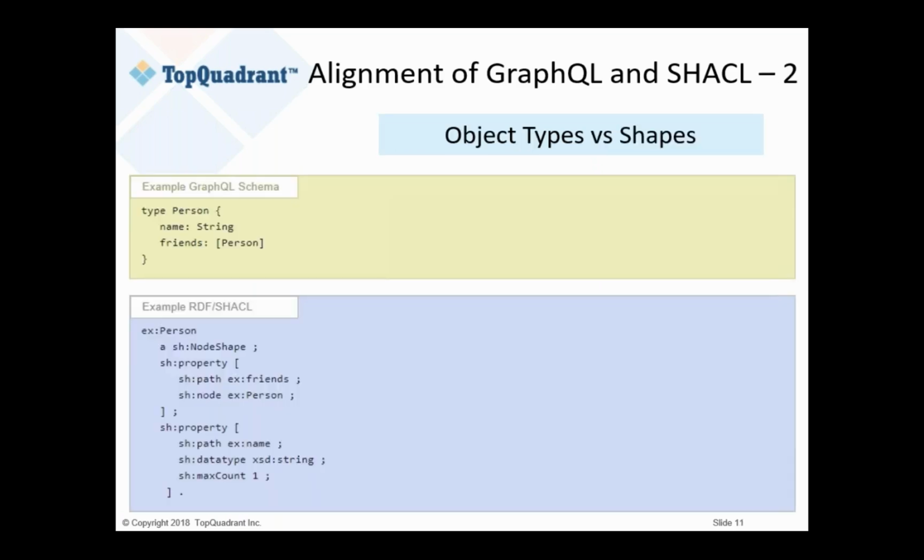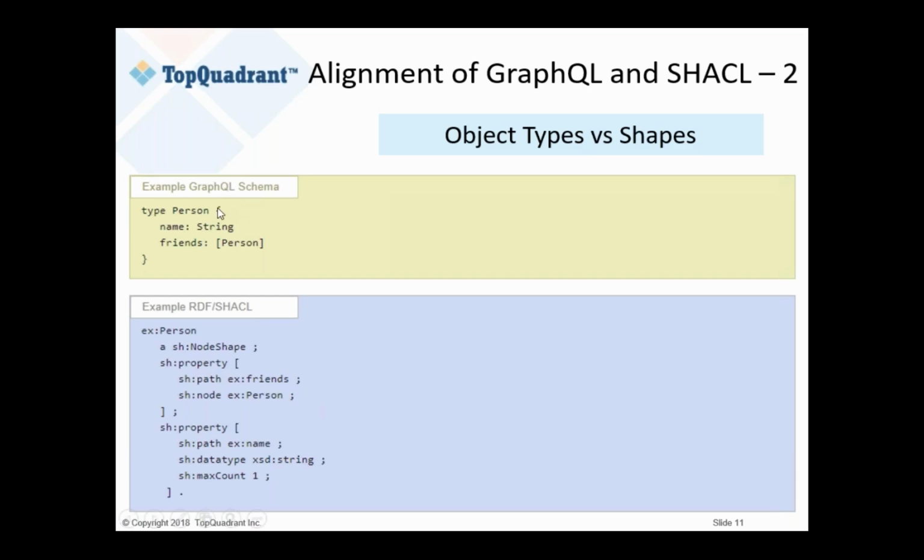So everything that I'm showing here on the next few slides can be read in both directions. You can either start with your GraphQL schema or with your Shackle data structure, and the system is able to convert between those two worlds seamlessly. So here is an example type definition in GraphQL, and at the bottom you see the corresponding Shackle data structure in turtle notation.